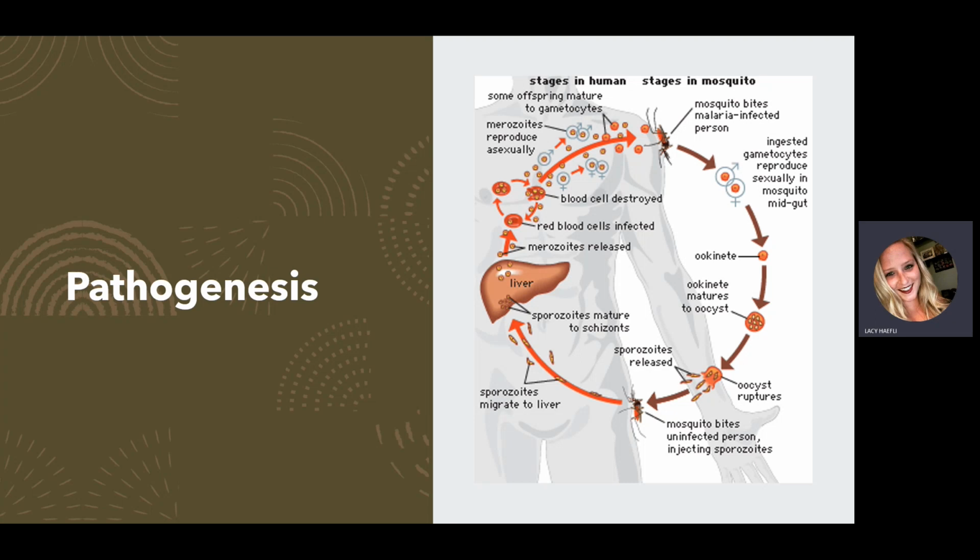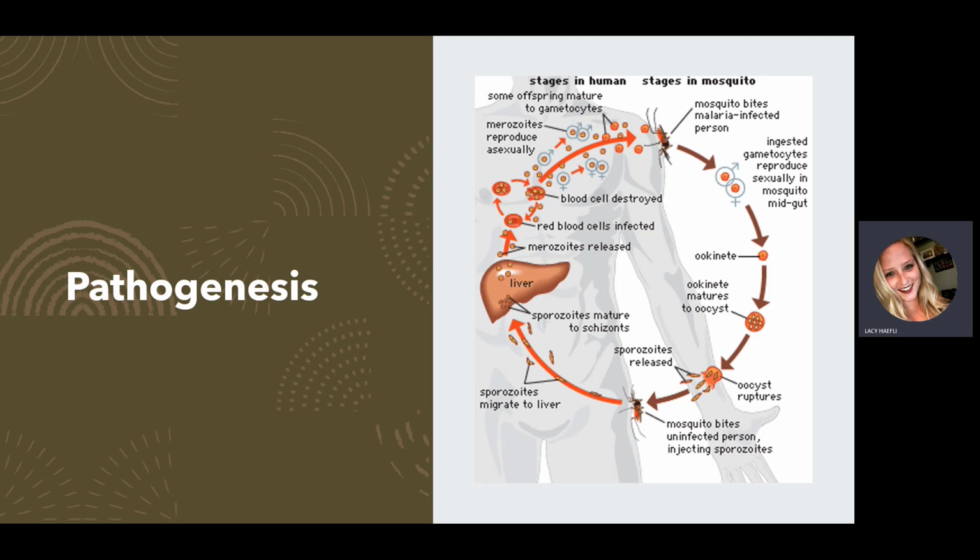These then get taken to the liver, where they mature into schizonts, where they multiply thousands of times into the merozoites. The merozoites then leave the liver and get back into the bloodstream, where they begin to invade red blood cells. The Plasmodium modifies the surface of the infected blood cells and can actually create adhesive phenotypes.